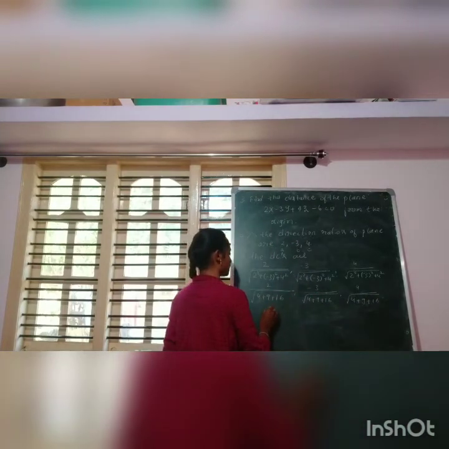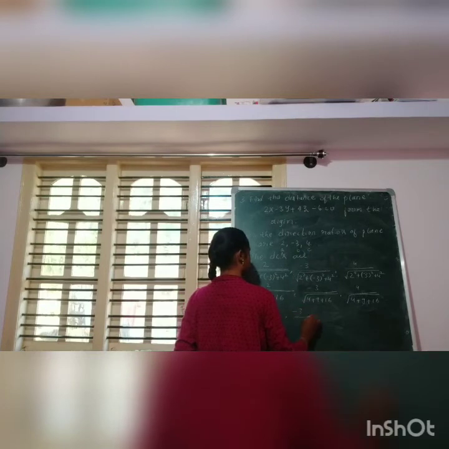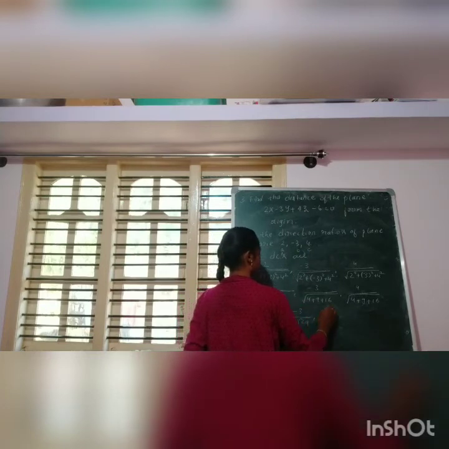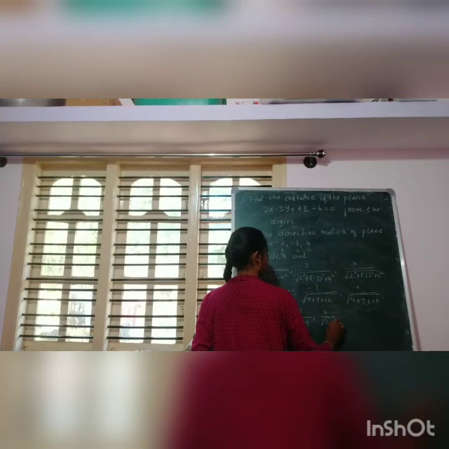Hence we can write this as 2 by root 29, minus 3 by root 29, 4 by root 29.